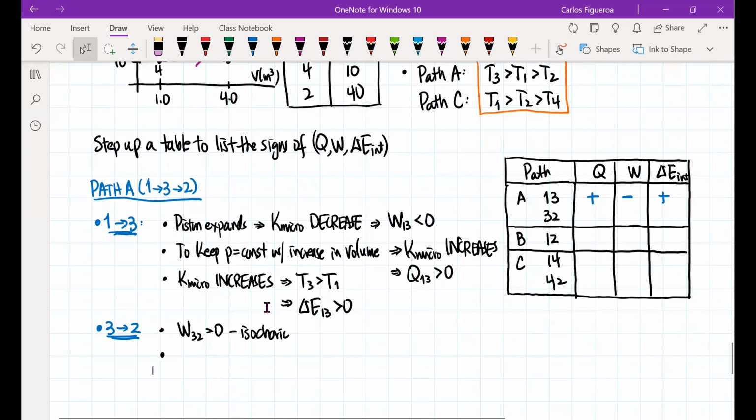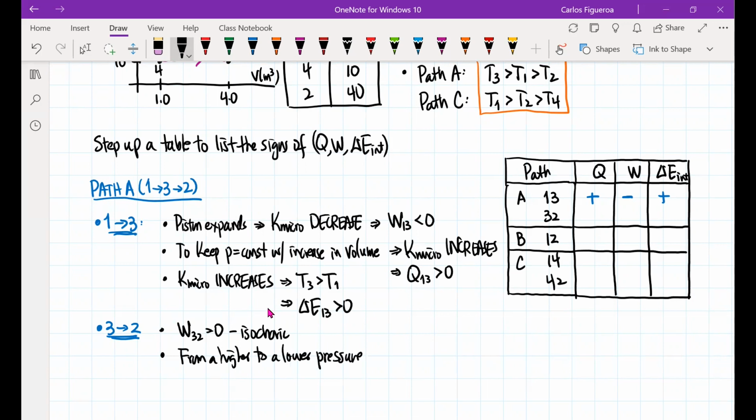So in this case, we go from a higher to a lower pressure, which implies that K micro decreases. And the only way we can do that is if we pull heat out of that situation.